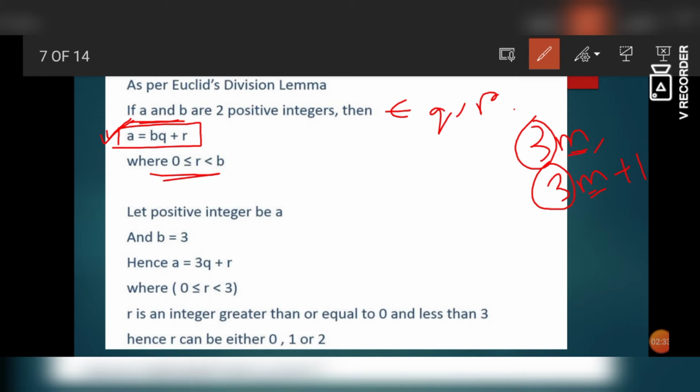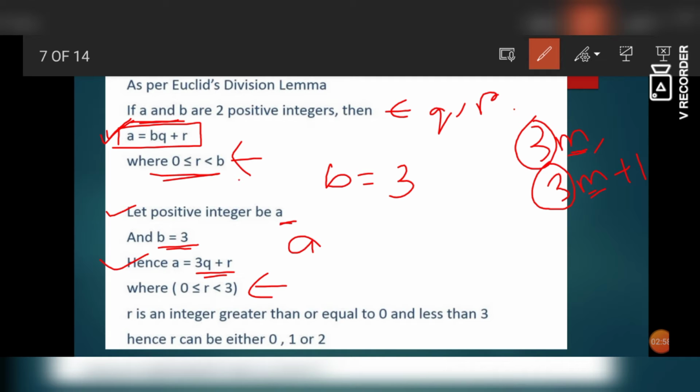So here we are going to take the value of b as 3. So let the positive integer be a and b equal to 3. So our equation transforms to a is equal to 3q plus r. The restriction changes to 0 less than or equal to r less than 3.